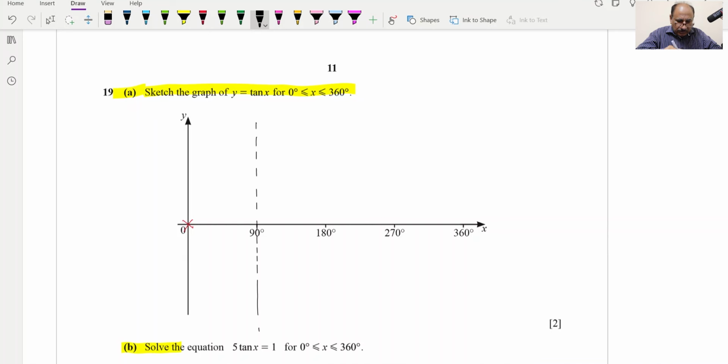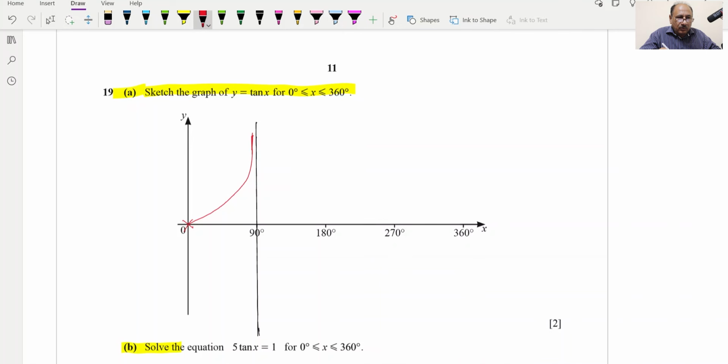Later on we can erase this line. So it means that this tan line is never touching this one, and it is curving like this one. So it's coming closer to this line but never touching this line.